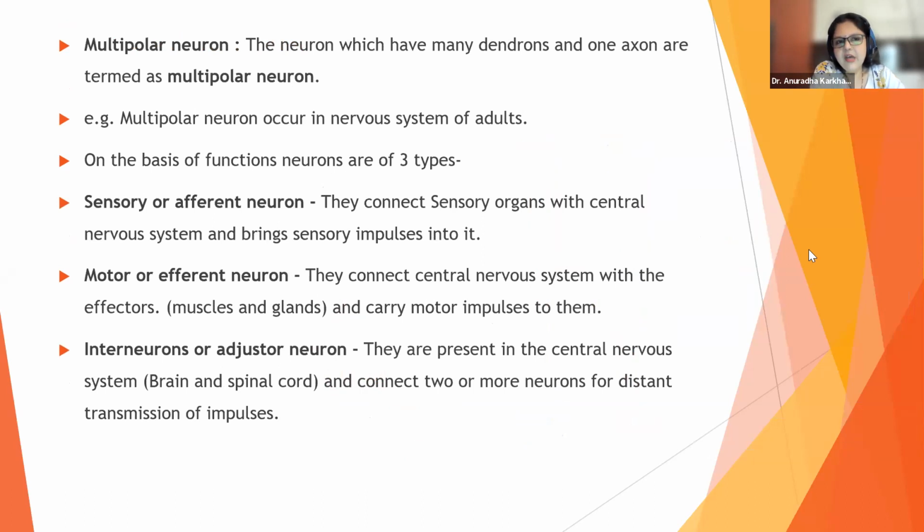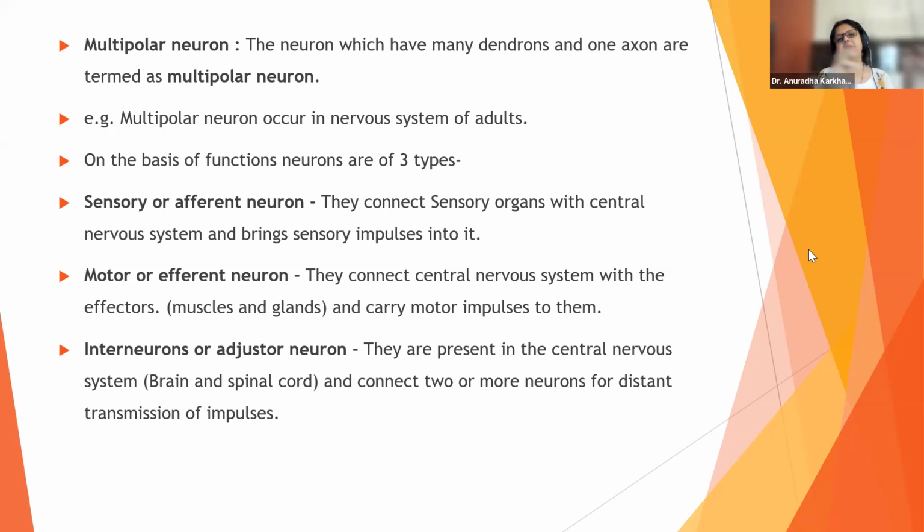On the basis of functions, they are of 3 types: sensory, motor, and adjuster. Sensory, the one which is going to give the sense, present in the sense organs, right? So they connect sensory organs with the CNS and bring sensory impulses. Motor or efferent neurons connect the CNS with the effectors, that is muscles and glands, to carry out motor impulses. Interneurons or adjuster neurons, as we call them, are present in the central nervous system, that is the brain and the spinal cord, and connect 2 or more neurons for quick transmission of impulses.